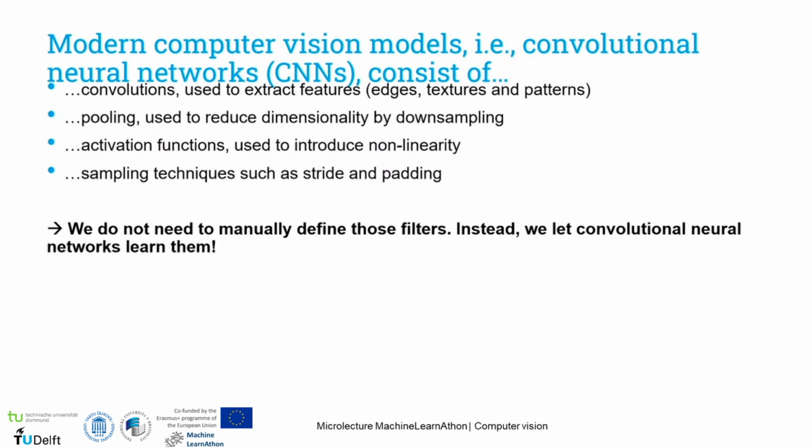And then as a small repetition, these modern architectures for machine learning are called convolutional neural networks, or CNNs. Why are they called CNNs? Because they have convolutions, and convolutions was just another word for filters or kernels. So the stuff that we discussed before. And all the other elements that we discussed are also in there.